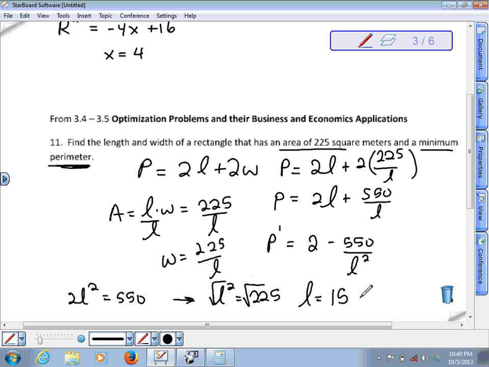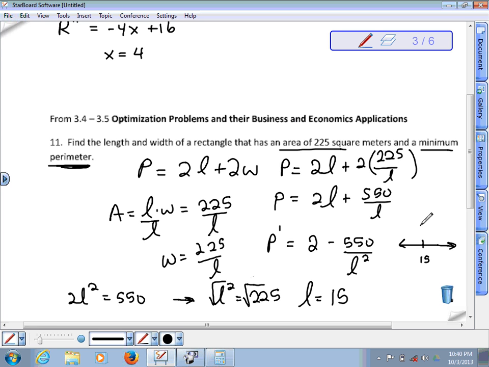Now we do have to check that this actually is a minimum value here and not a maximum. So using a quick little first derivative test, 15, we test points in each interval on either side of 15.